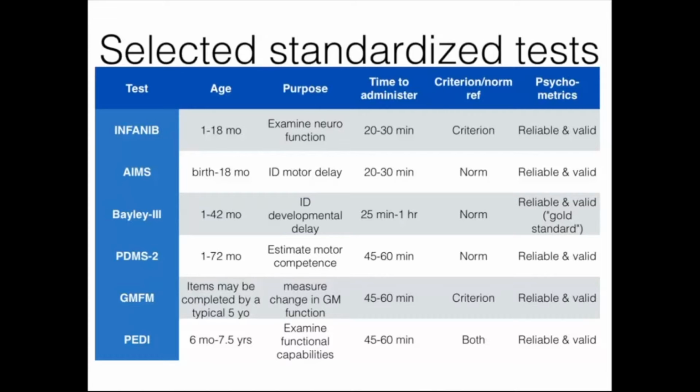All of them are fairly short. None of them take more than an hour, so the time to administer is fairly consistent. The chart lists whether it's criterion or norm referenced, and then under psychometrics we see that all of the tests have been found to be reliable and valid, and the Bayley 3 is actually considered to be a gold standard for young child assessment.